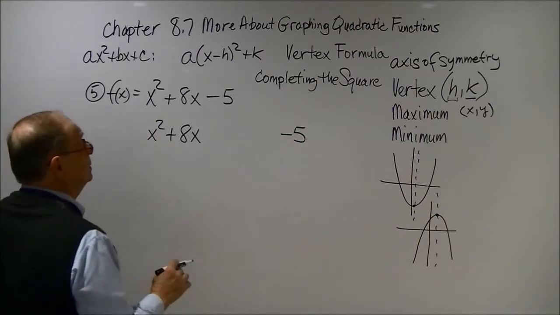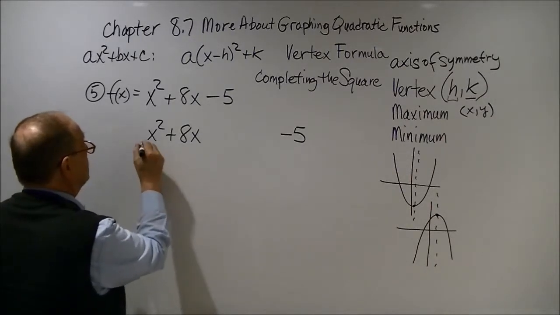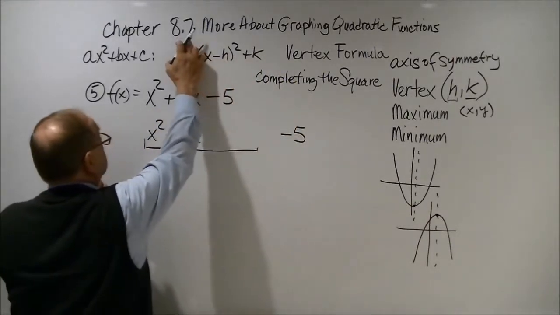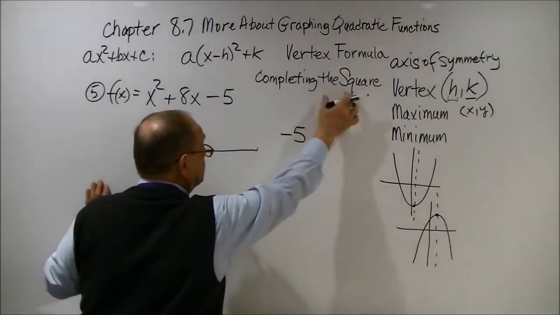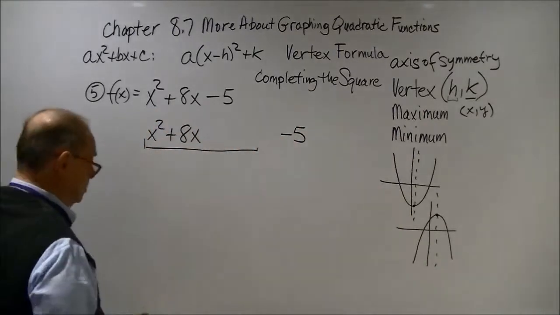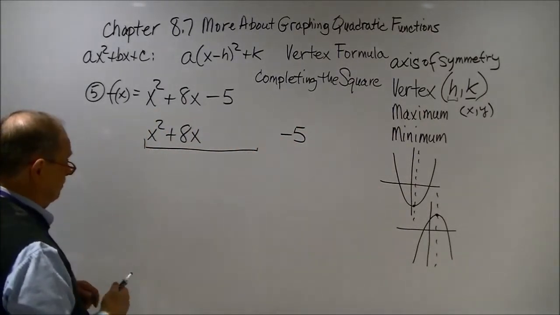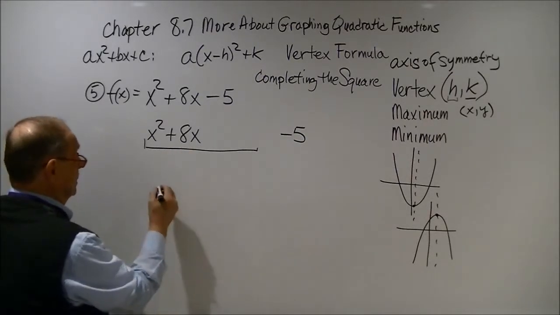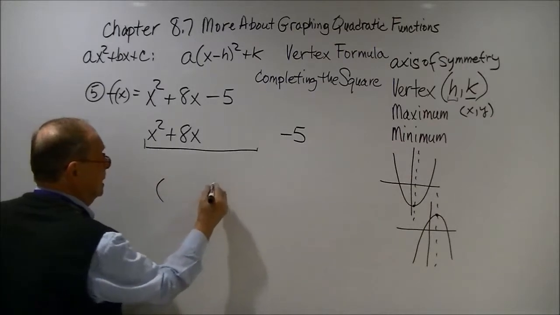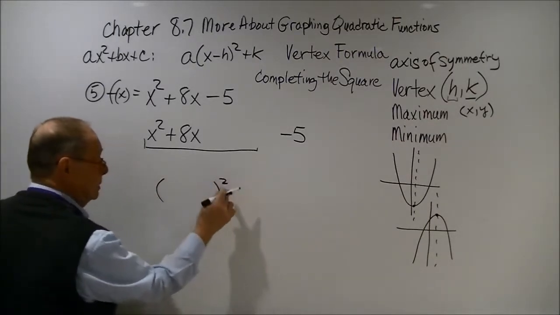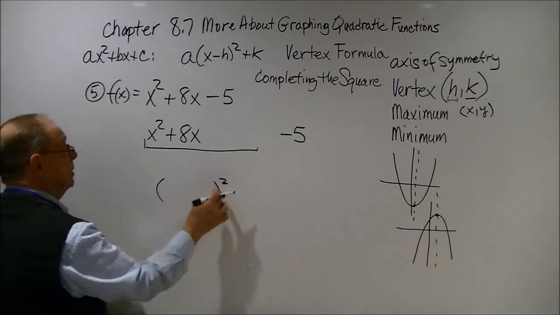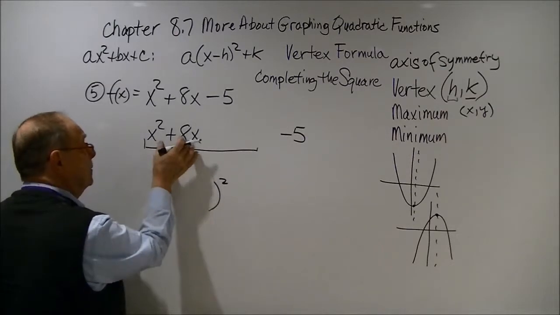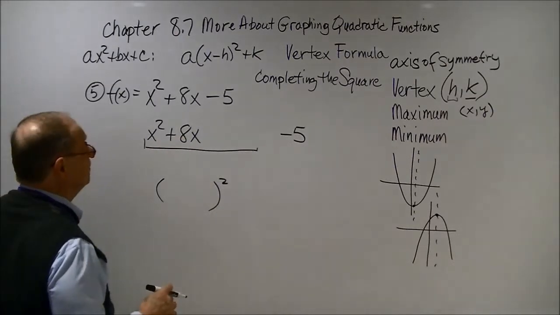Now, what we're going to do is try to take this part of it, and using the technique that we had in section 8.1, completing the square, work on completing the square. Now, what we did when we gave you that lesson earlier was to put a parenthesis, and we knew it was going to be squared, a binomial that was going to be squared. And we want to make this into a perfect square trinomial.